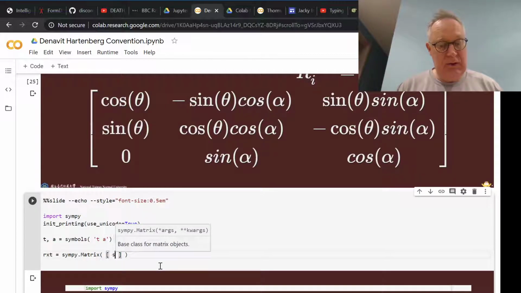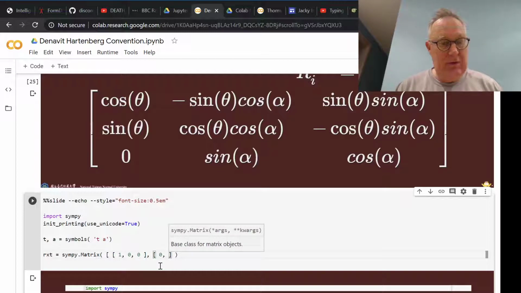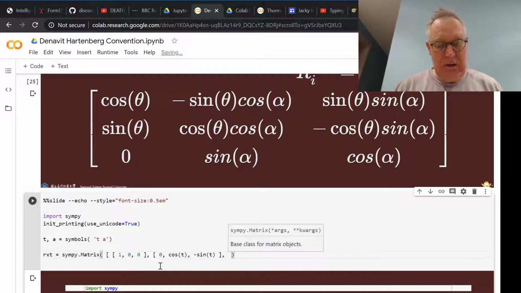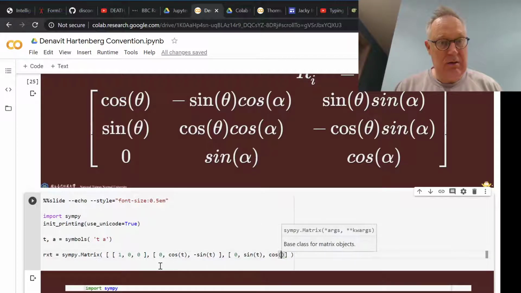So what did we have? Sine t, no, 1, 0, 0, zero cos t, negative sine t, and 0 sine t cos t.